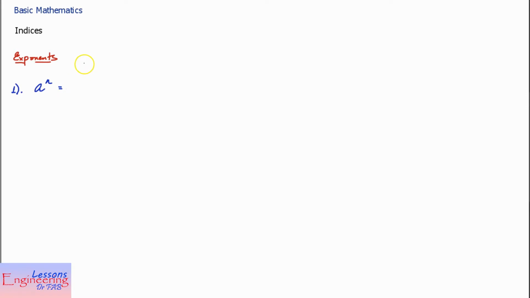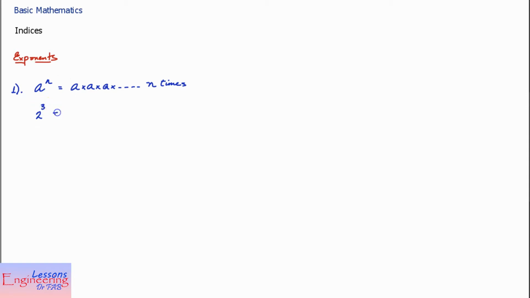This can be expressed as a times a times a, continuing until we have written a n times. An example of this is 2 raised to 3.